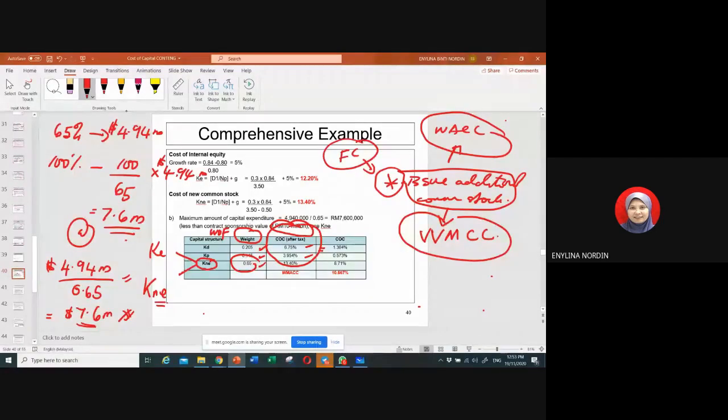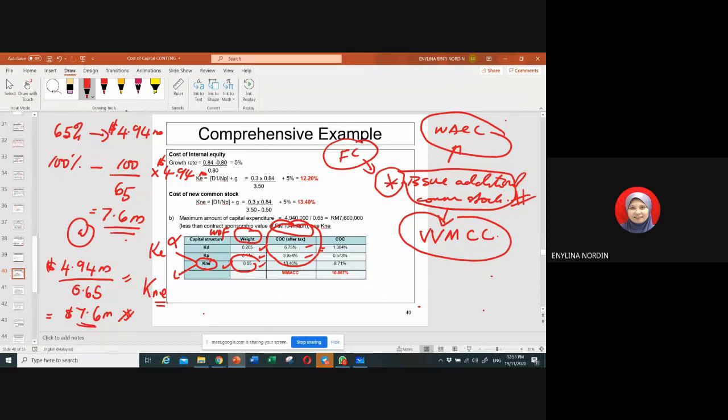So we differentiate with a different abbreviation. So KNE is what we use in this case. We cannot use KE, because it involves the issuance of additional common stock.